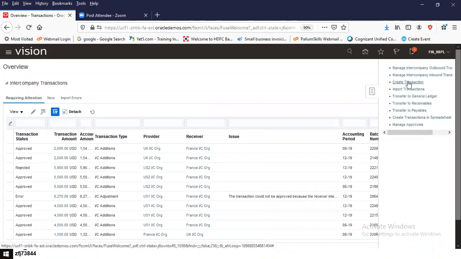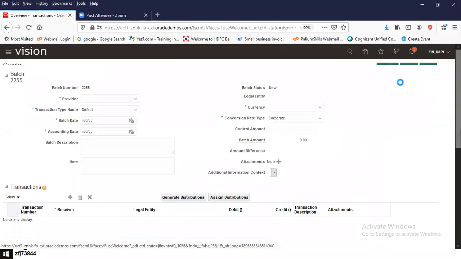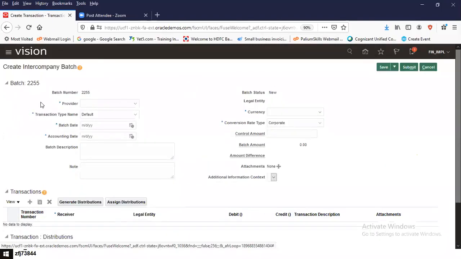Okay, so you have a create transaction. You will create the transaction, and you will enter the provider information. So you choose, like, US2 is your provider.